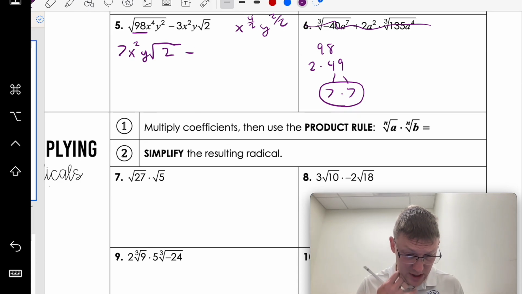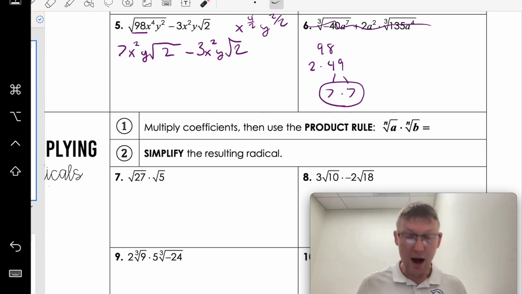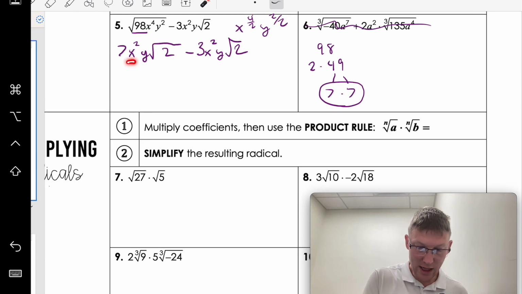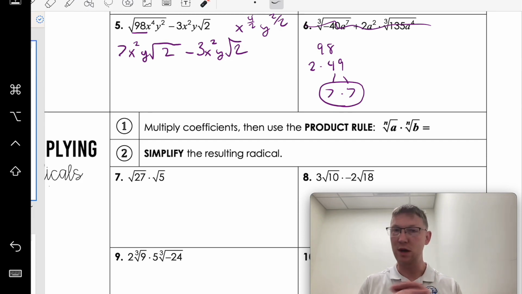Our second term is conveniently already simplified. So we have 3x squared y root 2. So now the question is, are we going to combine them? And the answer is yes, because each and every variable matches. If even one of those things was different, we would not combine them.